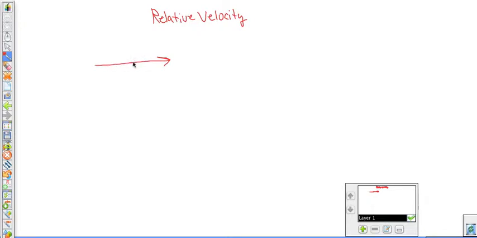But if you're sitting in the car, you can throw the ball up and down and catch it because you and the ball are both moving at that same velocity. So the ball relative to you doesn't have a velocity in this direction. But if you were to throw it to somebody on the ground, the ball would then have a velocity in that direction. So relative velocities come into play a lot.